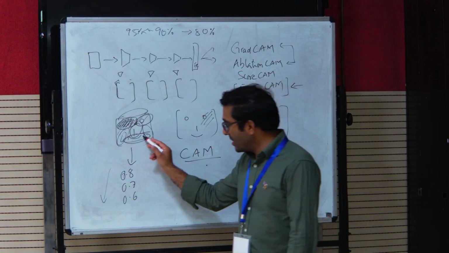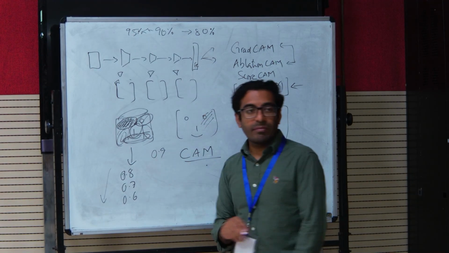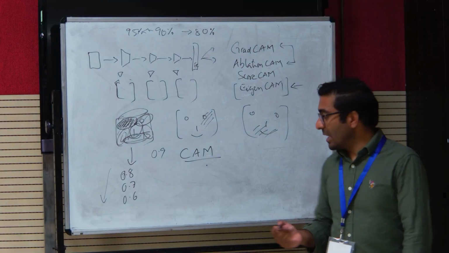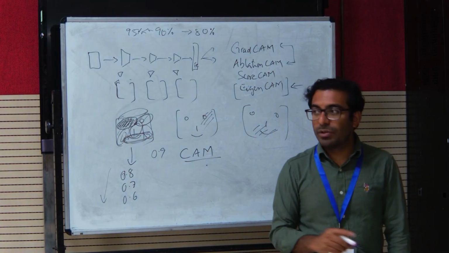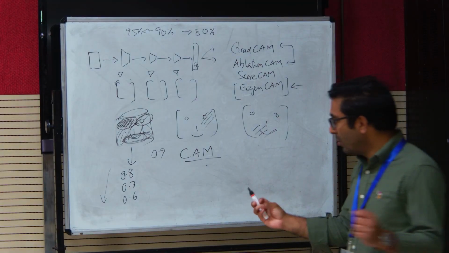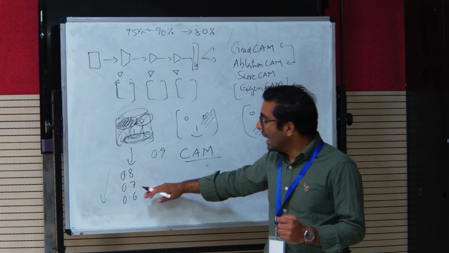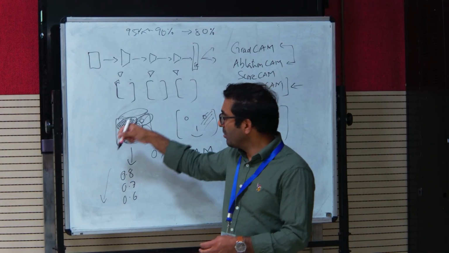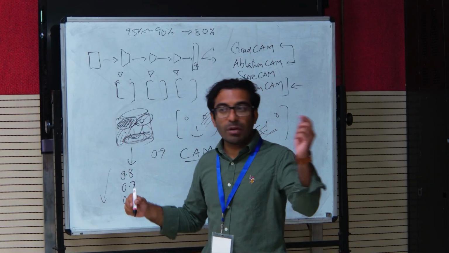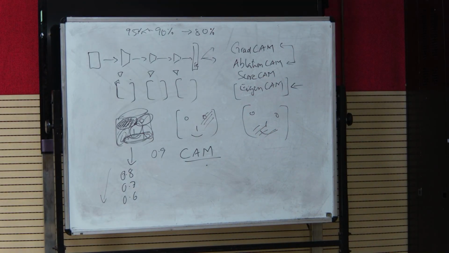Maybe if I eliminate this mouth area, my prediction probability would go high, which means that this is something that was negatively contributing. You understand the intuition? Something I remove, then the prediction probability increases. That means that area was negatively contributing. And if I remove the areas that are actually contributing to the prediction, then the prediction goes down, which means they are positive contributions. So now we divide these contributions into two different aspects.